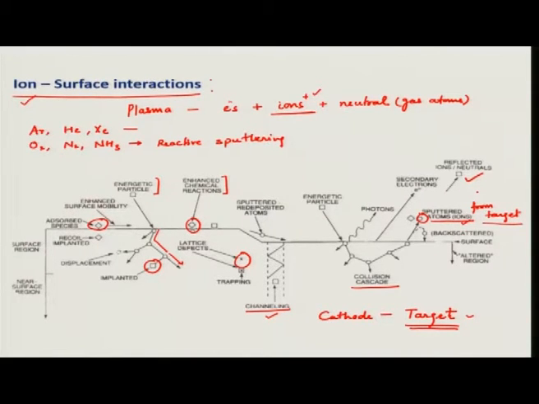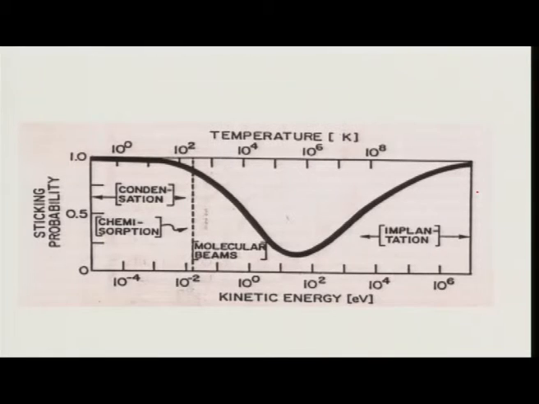Okay. Now, let us have a look at the energy distribution of the ions in which many of these activities of ion surface interaction take place. As you see, on the y axis we have a coefficient called sticking probability alpha, okay, and here we have the kinetic energy of ions which are bombarding the surface of my target.